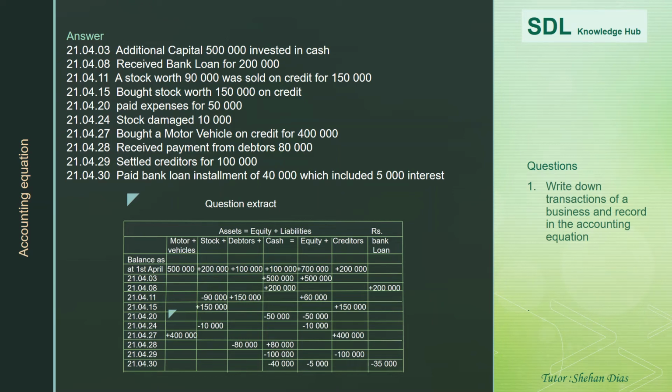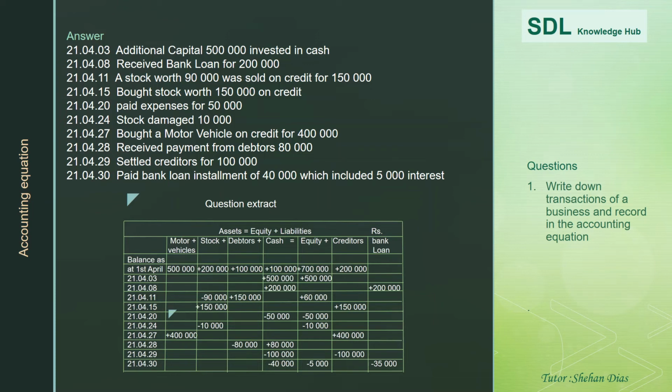Then the next transaction, stock increased by 150,000 and creditors increased by 150,000. Since there are creditors, this is again on a credit basis, but this time a purchase. So the transaction is stock worth 150,000 bought on credit.